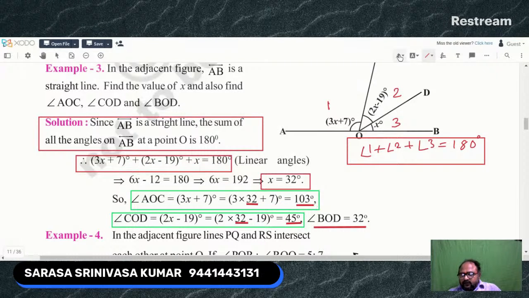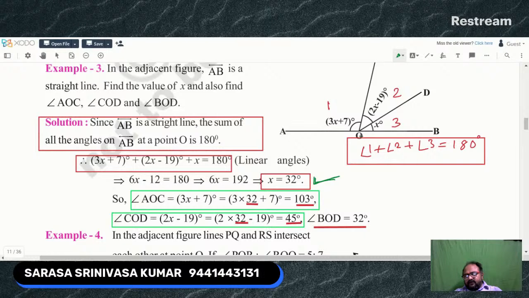So, first, what you have done is you have found the value of x. How do you find the value of x? You have found the value of x using the property that AB is a straight line and the straight angle is 180 degrees.